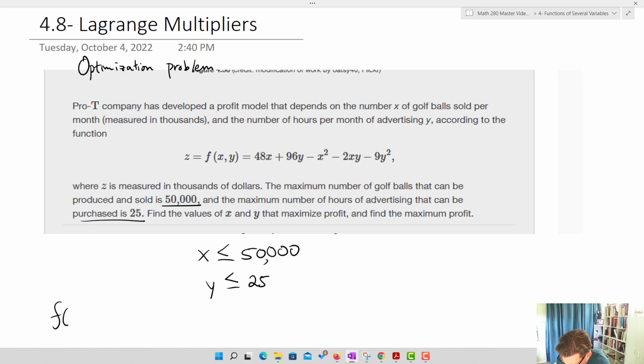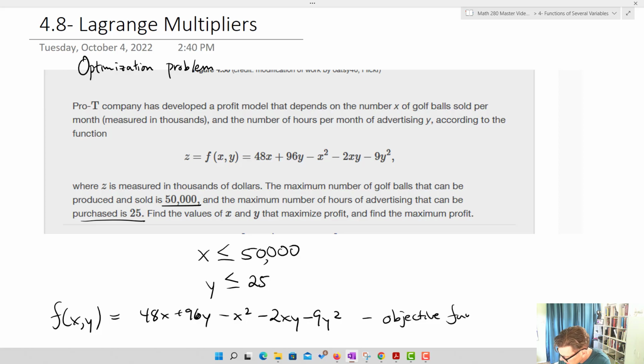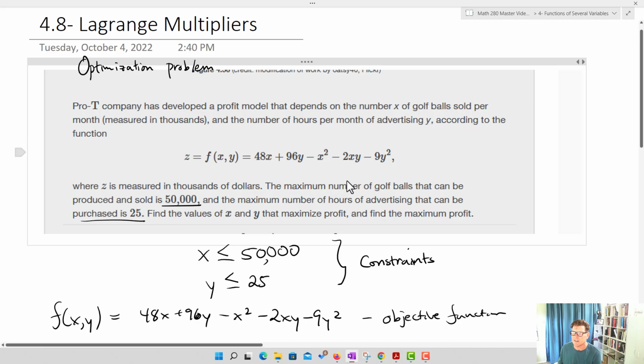So f of x y equals 48x plus 96y minus x squared minus 2xy minus 9y squared is called our objective function. x less than 50,000 and y less than or equal to 25, these are called our constraints. So as we're working, you want to make sure that you know that's what he's talking about when he talks about our objective function, and that's what he's talking about when he talks about our constraints.